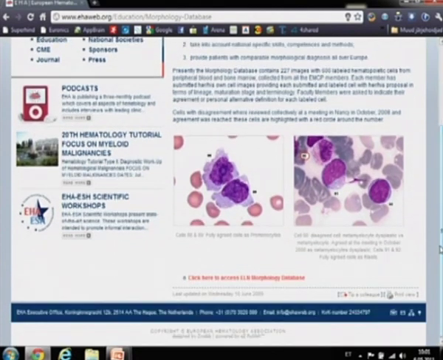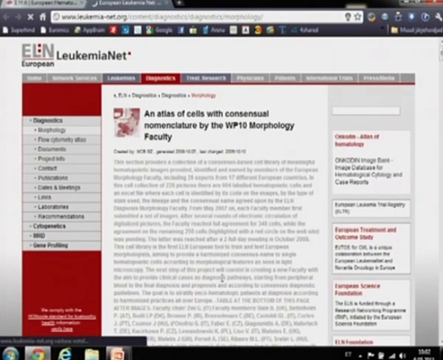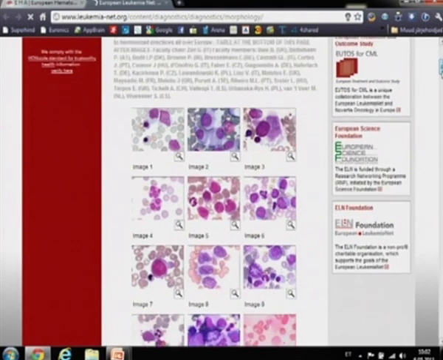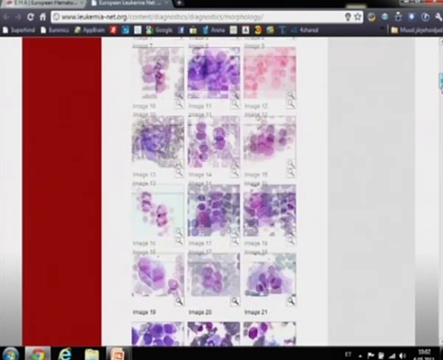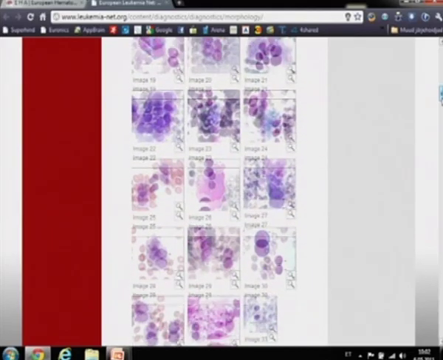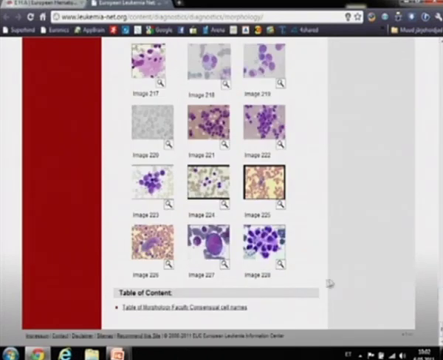Video, yes. And this is the link under education. There is a link with the morphological database. If you go down, these are the cells. You can enlarge the cell. Go down, please. And at the end, you can download this.